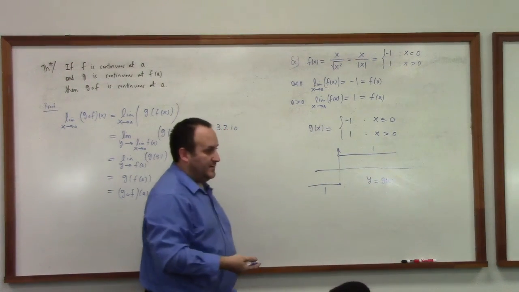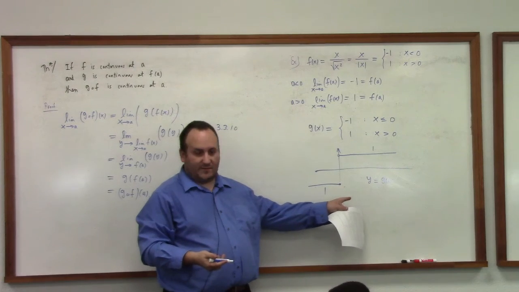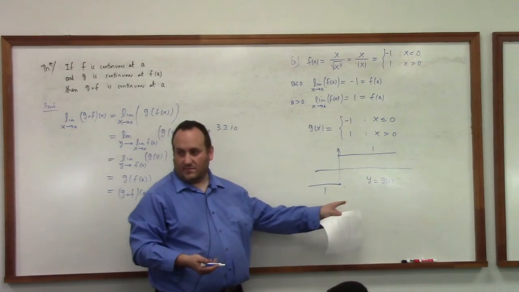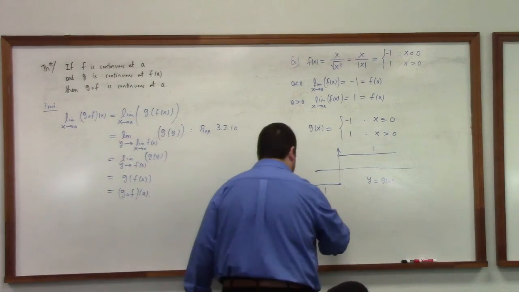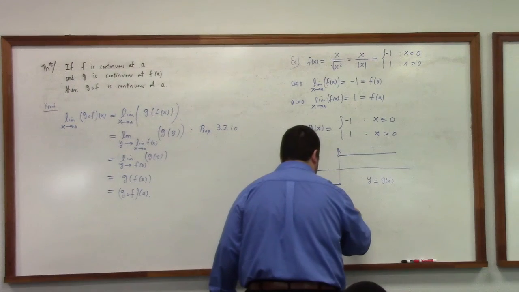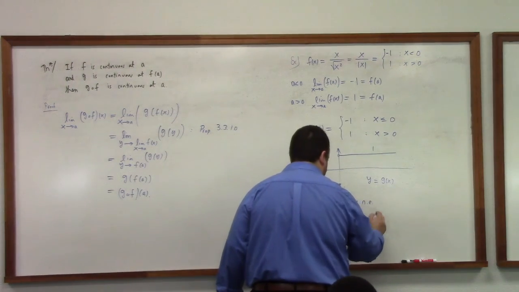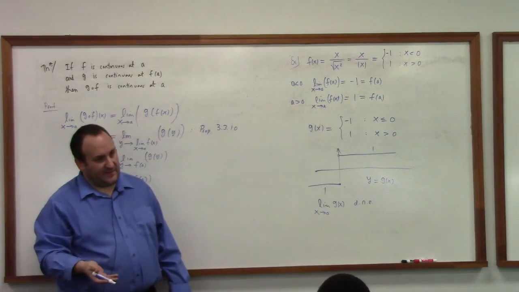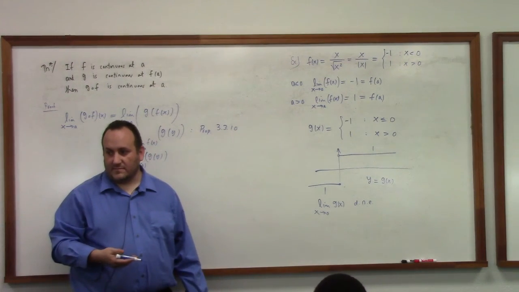Because now we would have the limit as x goes to 0 of g of x what? It does not exist, right? And if it does not exist, it can't be equal to g of 0. And once I fill in that dot, 0 is a point in its domain.